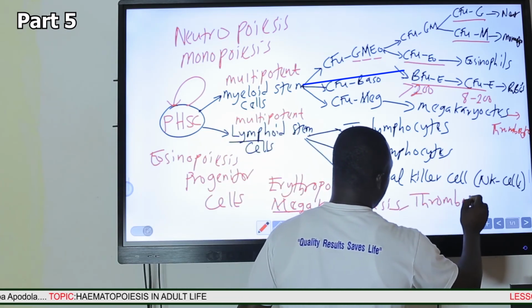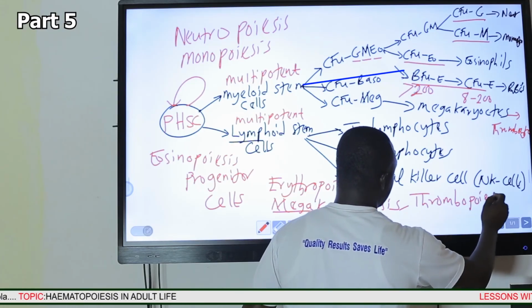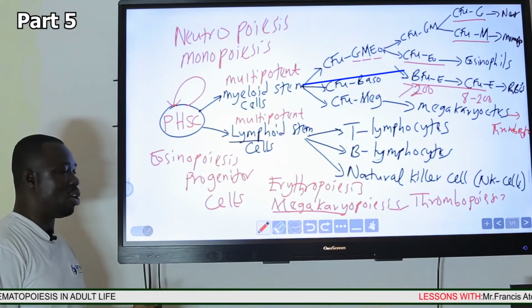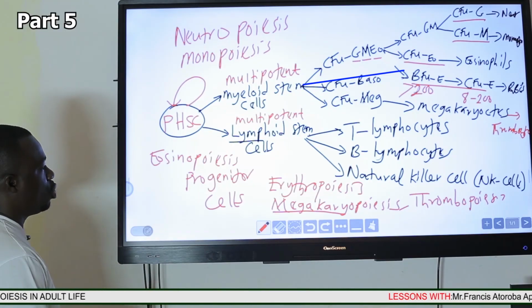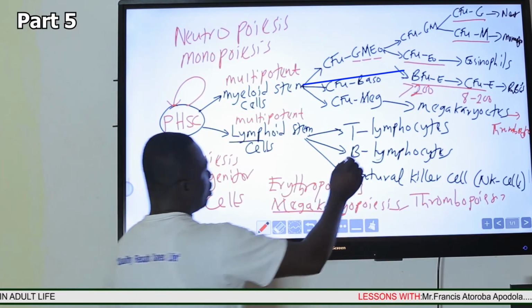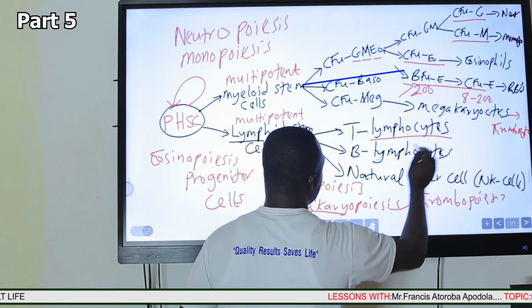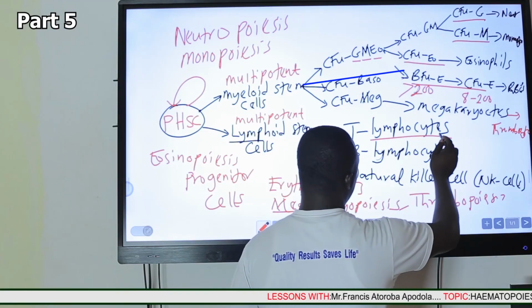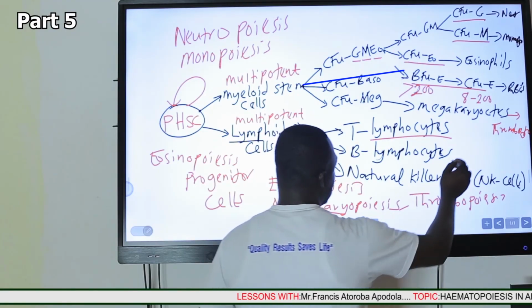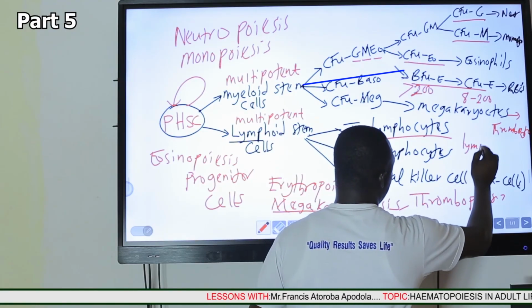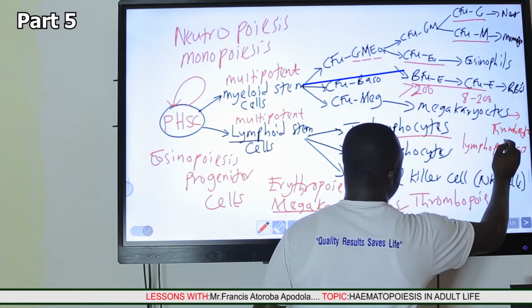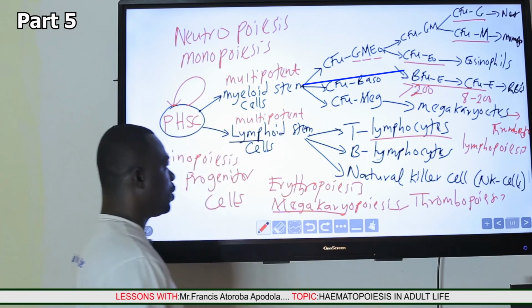So whether thrombopoiesis or megakaryopoiesis, it will mean the production of the platelets. And the production of the lymphocytes, whether T lymphocyte or B lymphocyte, will be called lymphopoiesis, which is the production of lymphocytes.